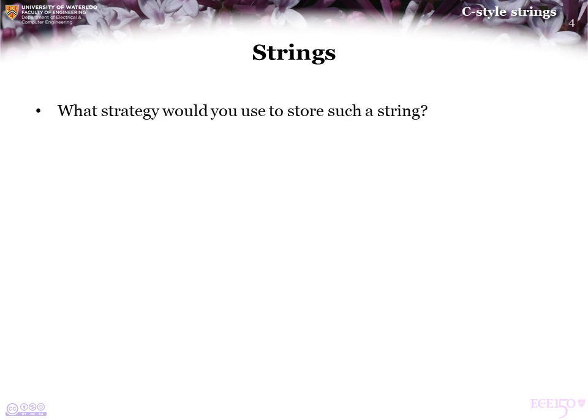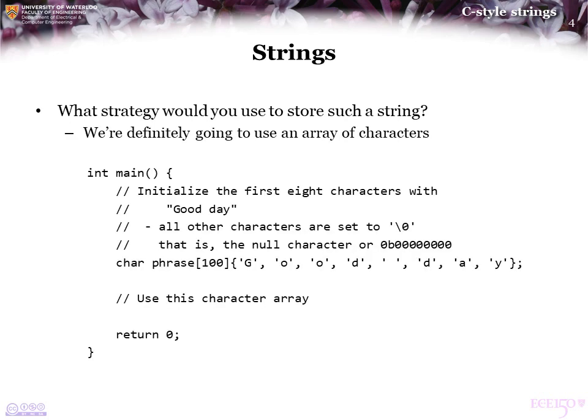Now, what strategy could you use in C++ to store a string? The first point that we're going to see is that the obvious thing is to use a character array. So here, phrase is declared to be a character array of capacity 100.